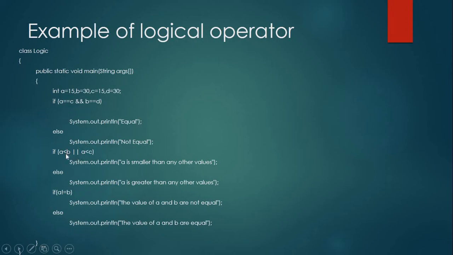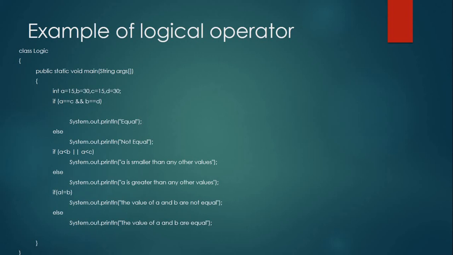Here we have another operator, that is the OR operator. Here a less than b or a less than c. For the AND operator we checked that both conditions must be true, but for the OR operator either this condition or this condition will be true.